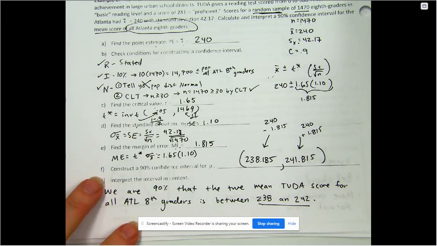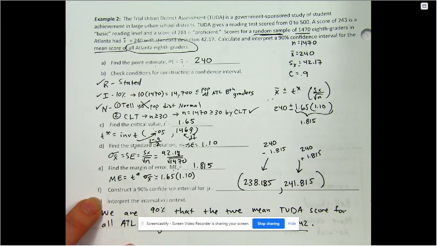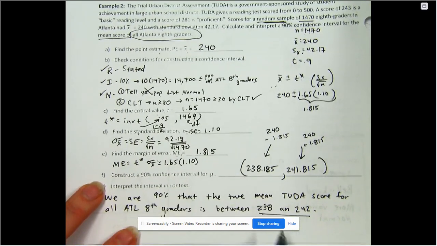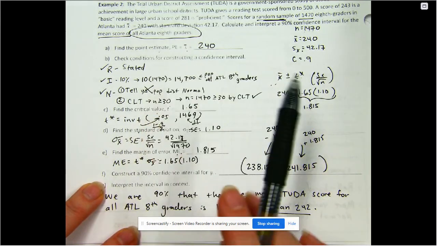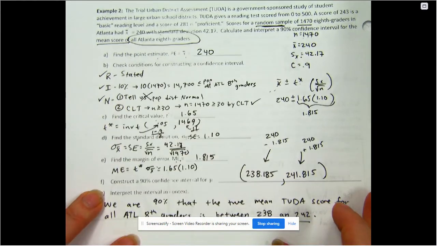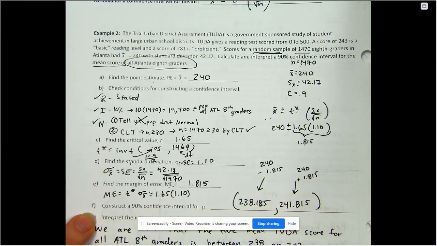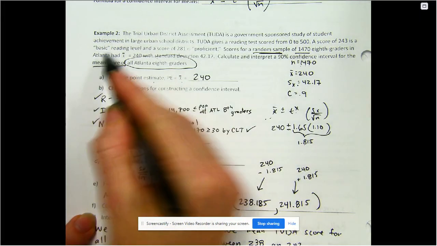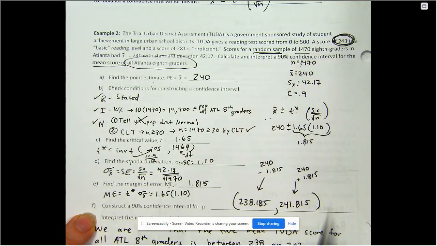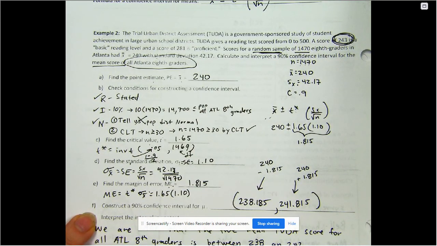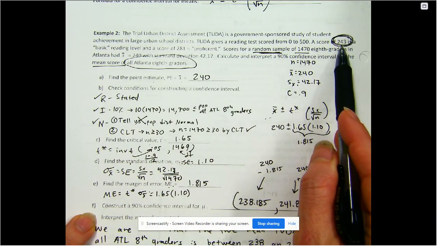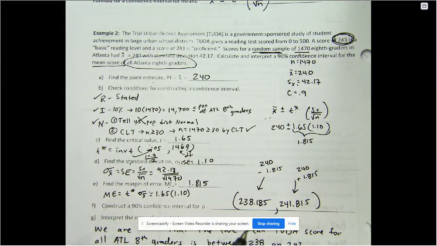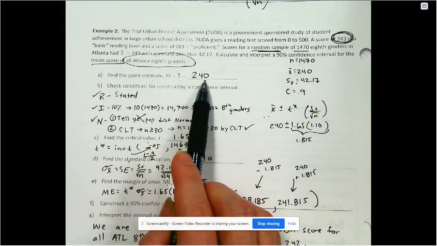So here's a question. Like we asked some of these back for proportions, how could this be helpful? So imagine I am a superintendent for these Fulton County schools for Atlanta, and I want to know, how are these 8th graders doing? Notice a basic reading score is 243. So even though the mean is 240, which is below the basic reading level, I know that every time I take a sample, I'm going to get a different X bar.